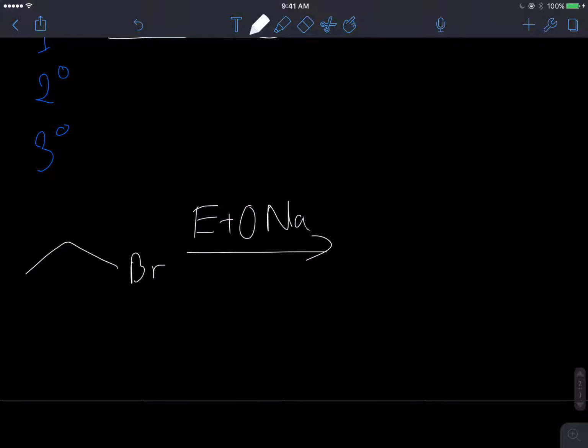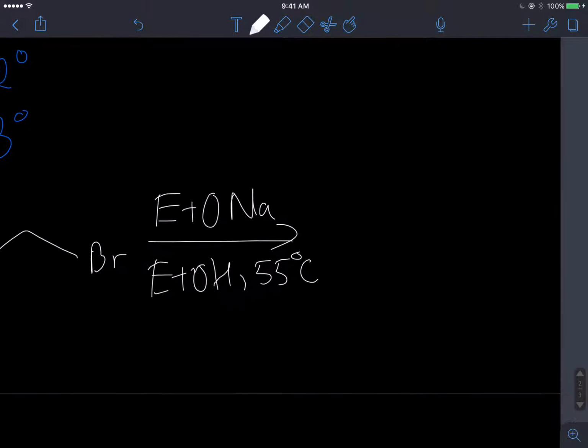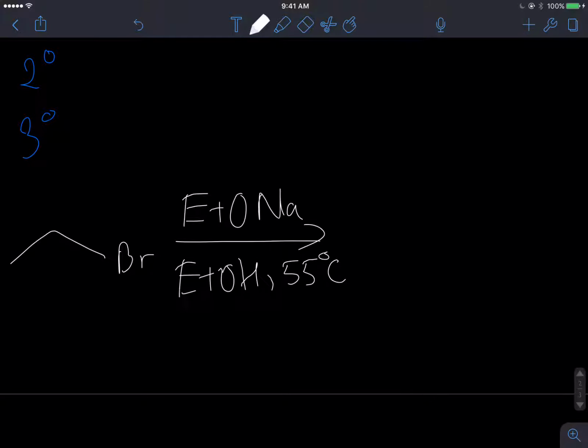For example, this bromine, I'm going to use this base, EtONa in EtOH, I'm going to use some heat, and you will have the substitution reaction SN2. I'm going to use a different color.